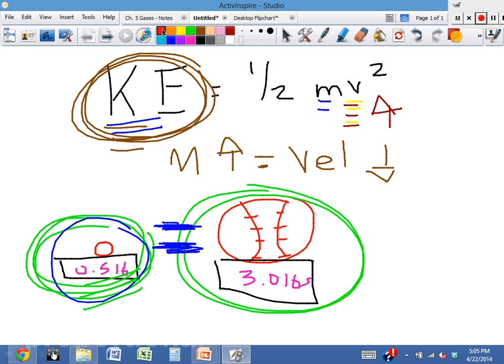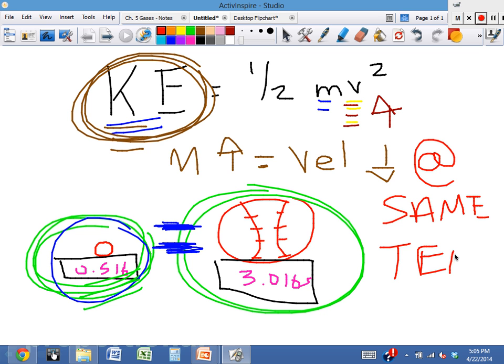Again, at the same temperature for any molecules, it will be the exact same amount of energy. One more time. These two variables, the mass and the velocity, offset each other so that as your mass increases, your velocity must decrease, and vice versa.